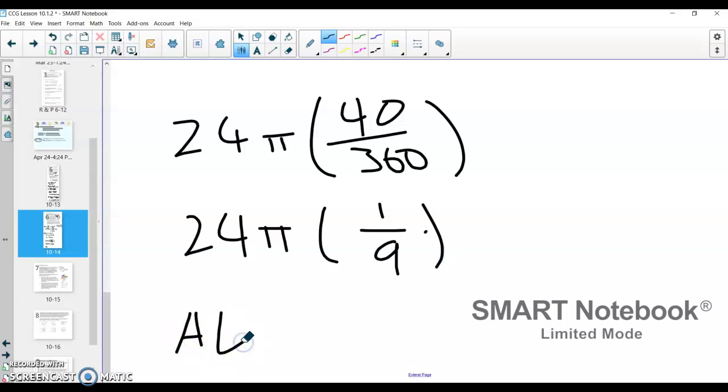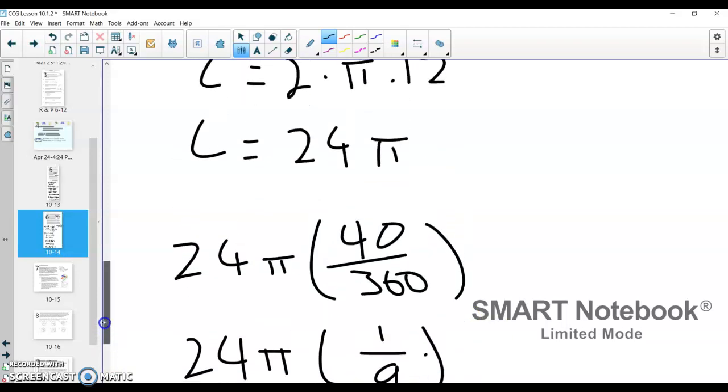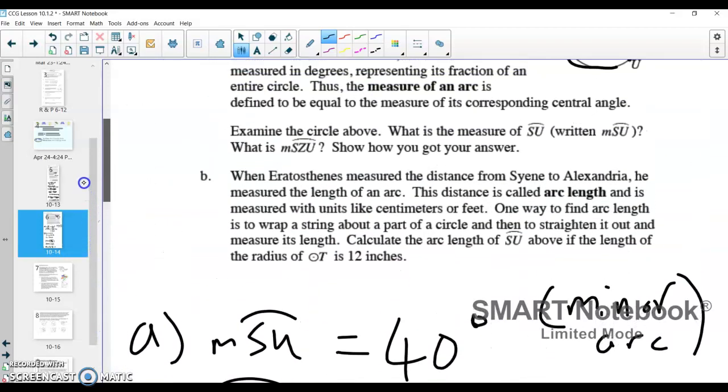I'm going to call that AL for shorthand here, though I don't think that's how people usually write it. That arc length is 8.38 inches, and that is the answer for B, I believe.